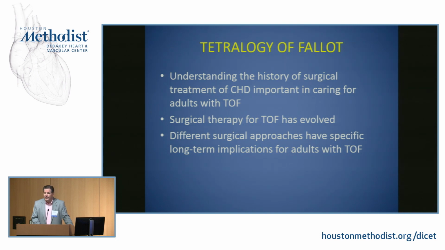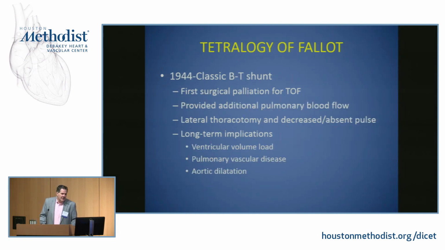The surgical therapy for Tetralogy of Fallot has evolved over time. There are different surgical approaches that have specific long-term implications for these patients. The groundbreaking work was the classic Blalock-Taussig shunt, which was the first surgical palliation for tetralogy, and provided additional pulmonary blood flow.